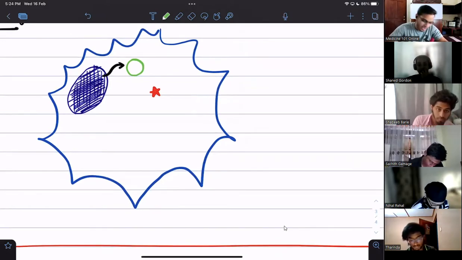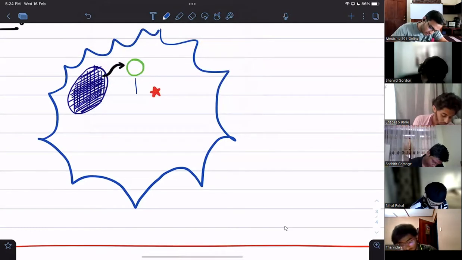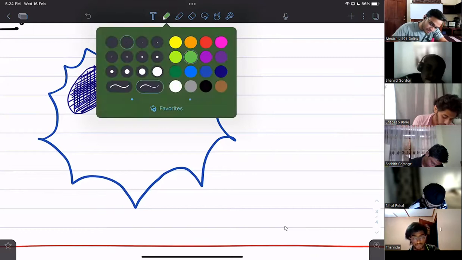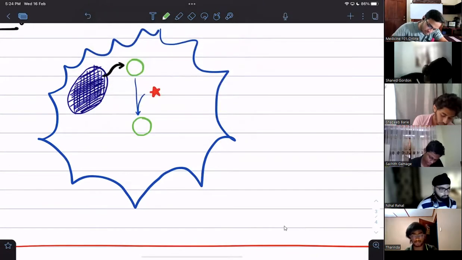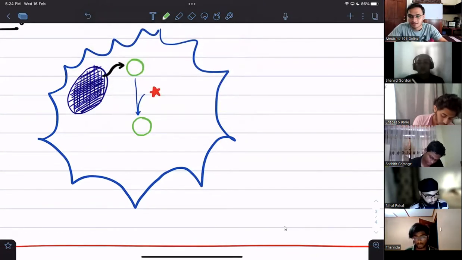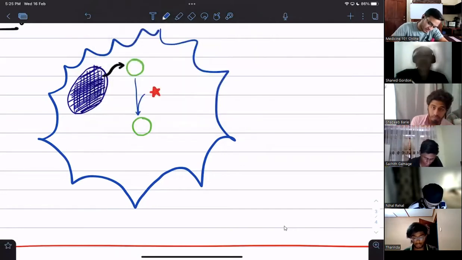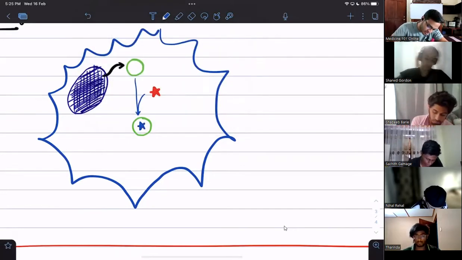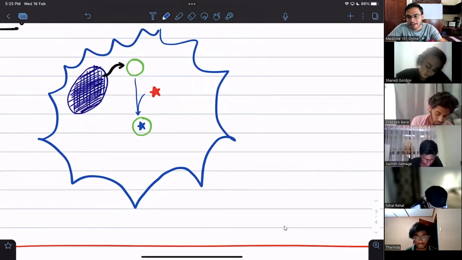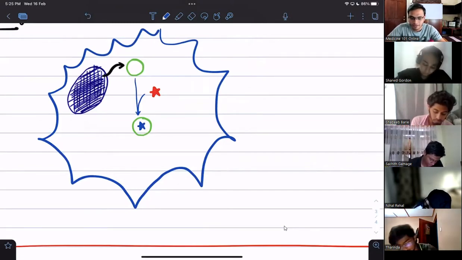Now what do we know? Apoferritin together with Fe2+, what does it form? Ferritin. Ferritin stores the iron in what form? Ferric form.